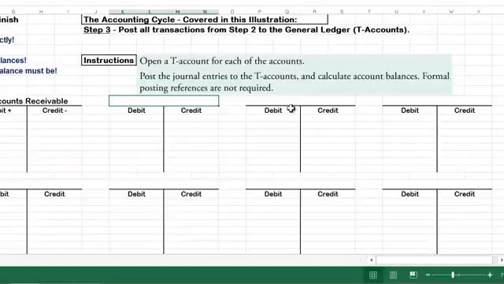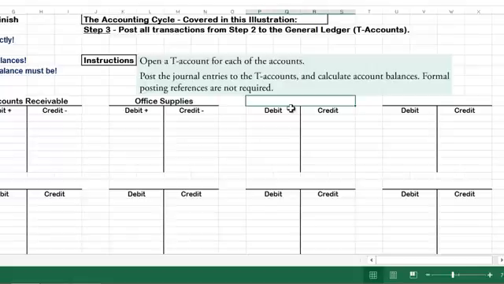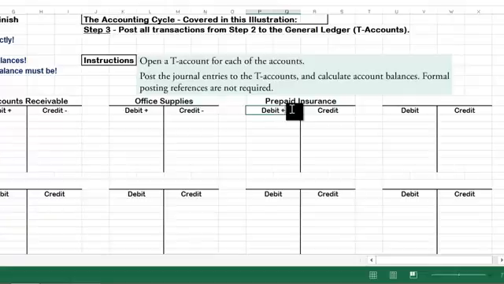Continuing on, we'll go to office supplies. Still an asset, so debit plus and credit minus. Then we had prepaid insurance. And again, debit plus and credit minus.